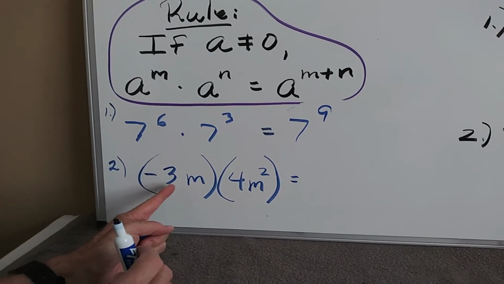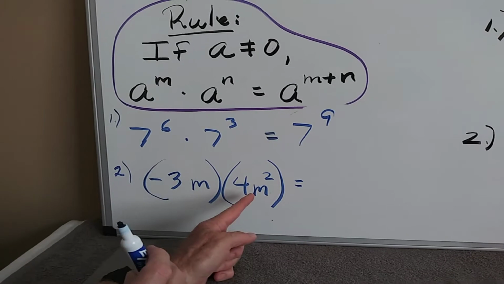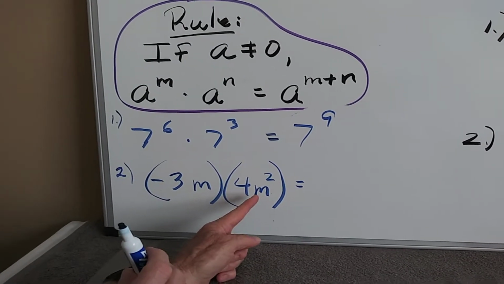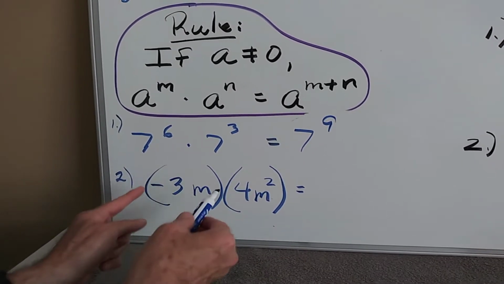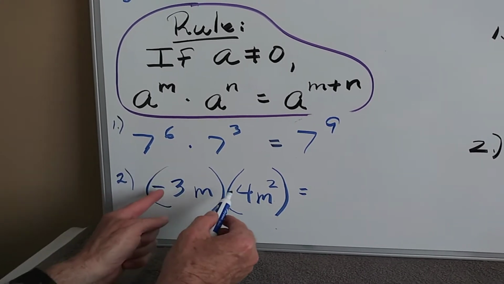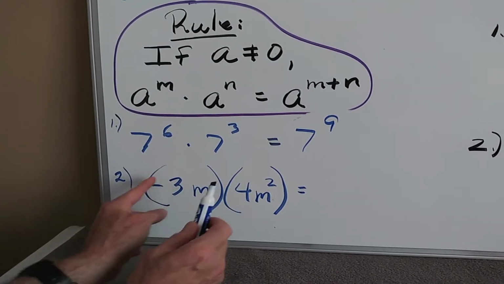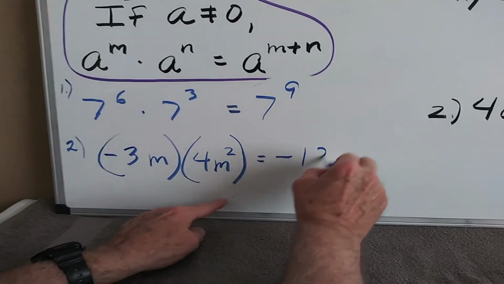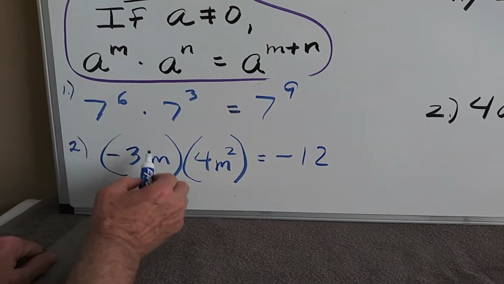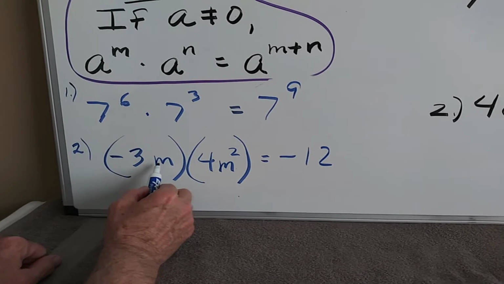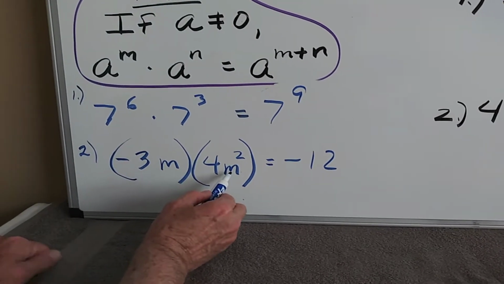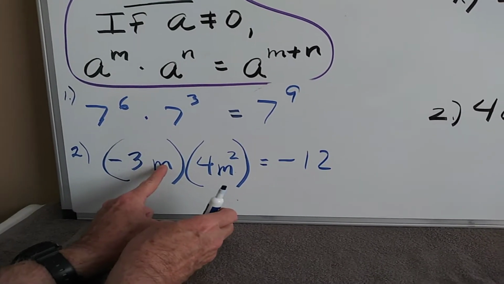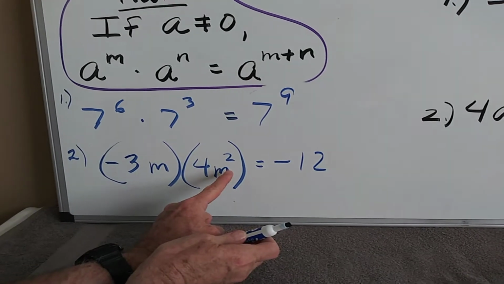multiplying negative 3m by a positive 4m squared. We begin by multiplying our coefficients. Negative 3 times positive 4 gives us a negative 12. But now when we're multiplying the powers of m together, this is m to the 1 times m to the 2.